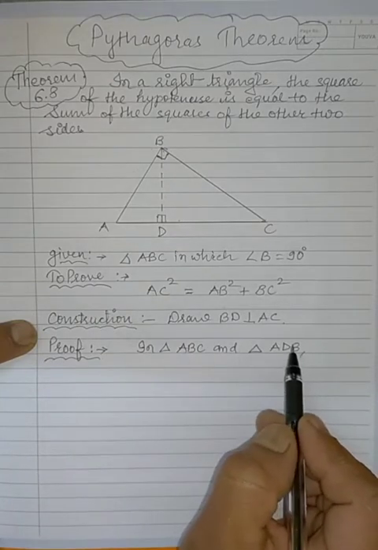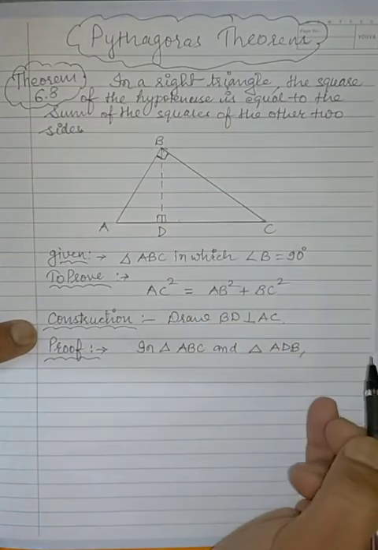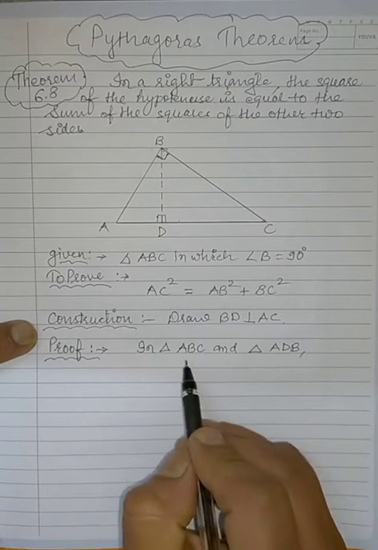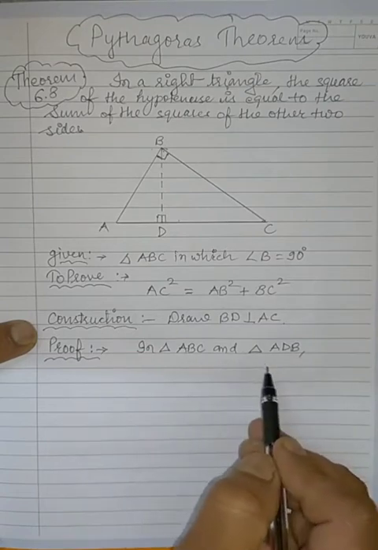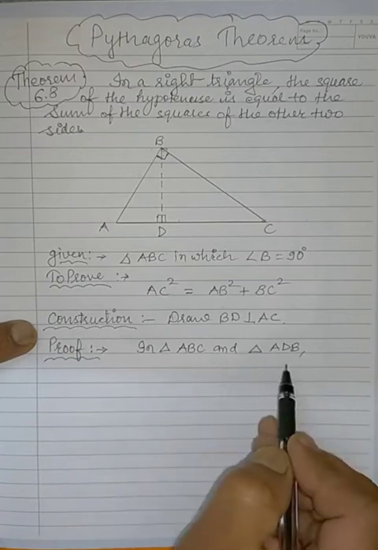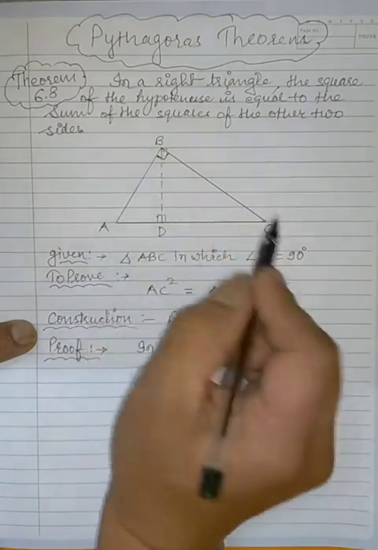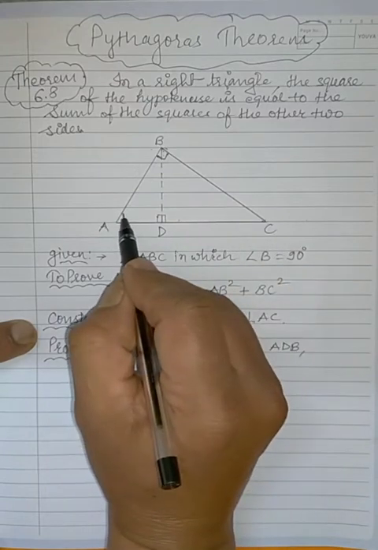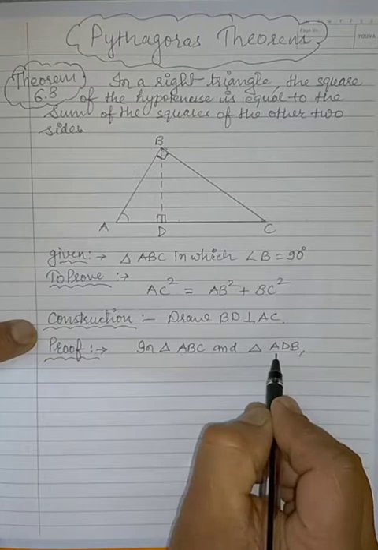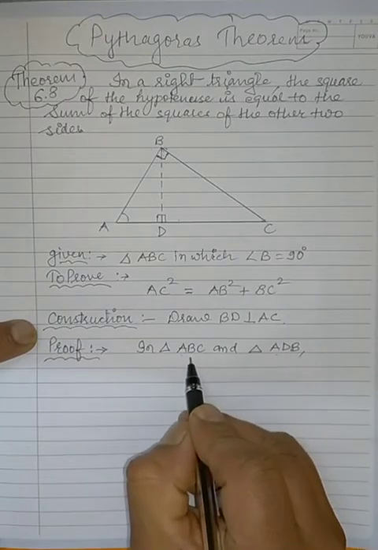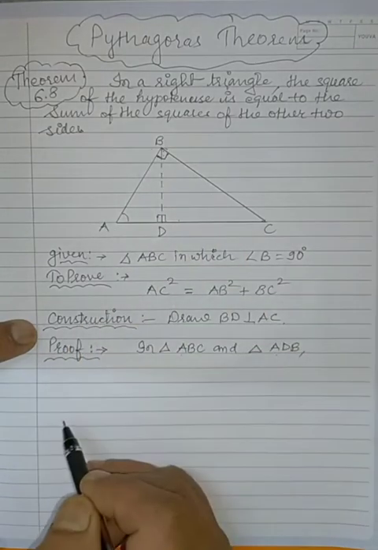Once again, as in the previous videos, in previous questions also we have done, and I have told you, take the order of the sides in such a way that the corresponding parts should always match with each other. So here my idea of proving triangle ADB and triangle ABC similar is that I am going to use the common angle A in first, then the angle of 90 degree, which is B in ABC and D in ADB.